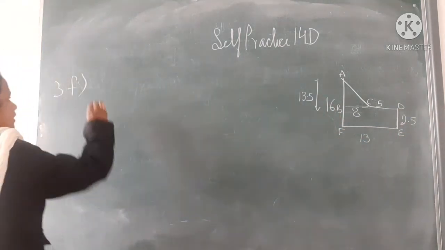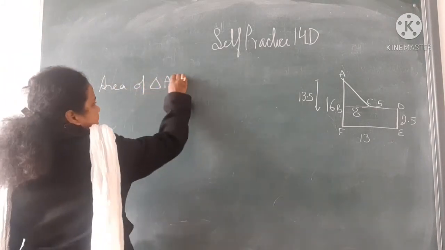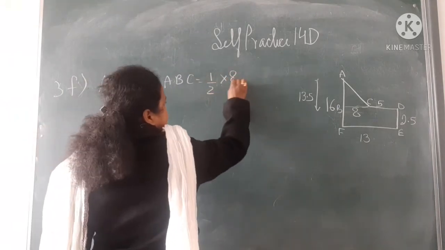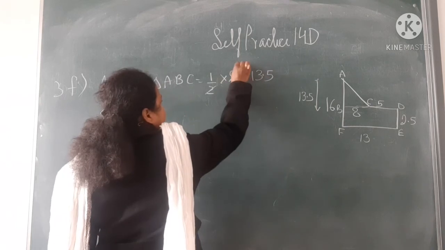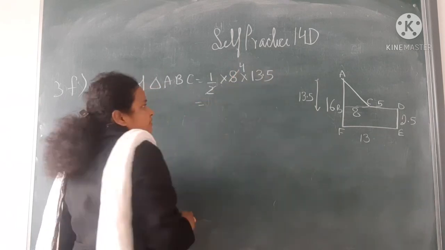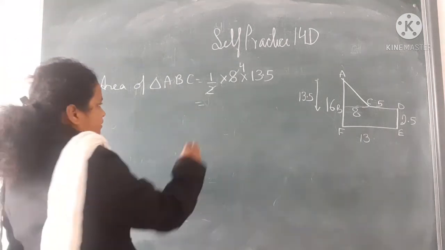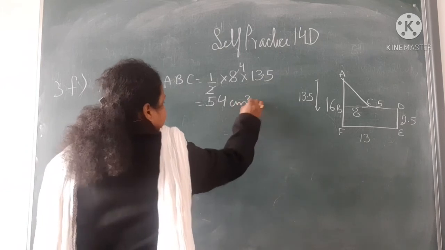Now the area of triangle ABC is equal to half into 8 into 13.5. Okay? So that will be 54 centimeter square.